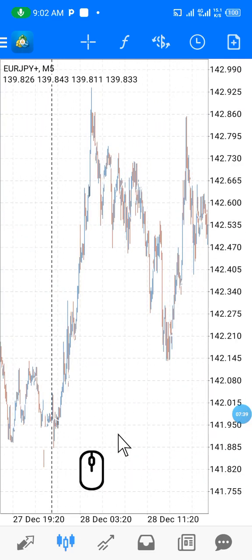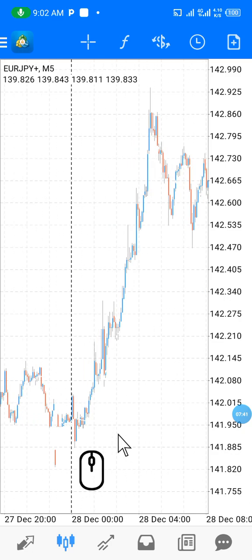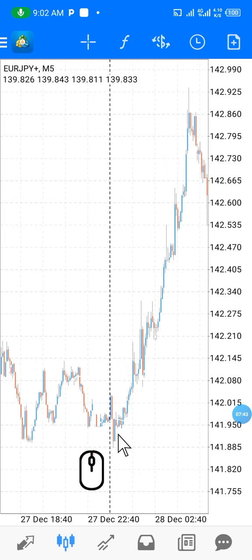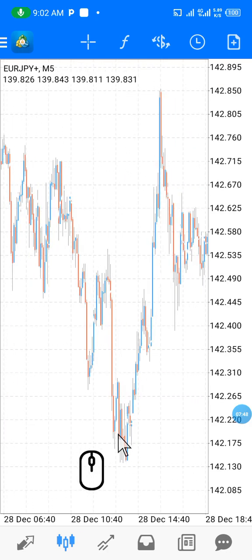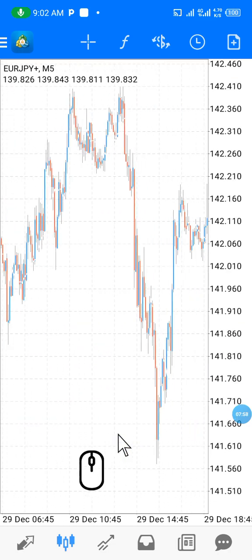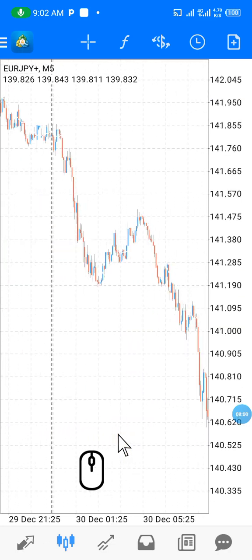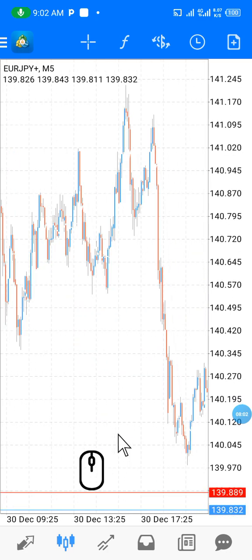So for someone who is an intraday trader, if you get your market structure from your daily charts, and you come down to your smaller time frame, your chart is going to be different. Your market structure is going to be different. So you need to understand this.